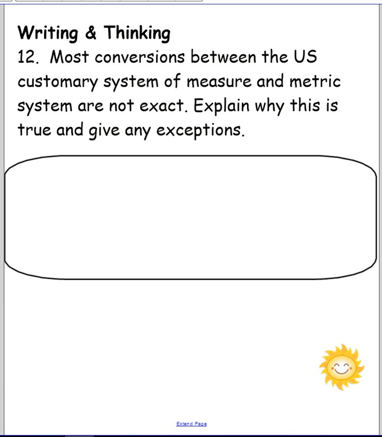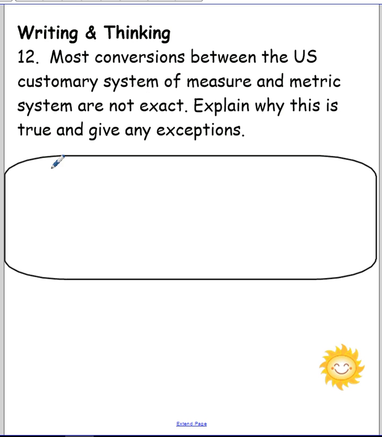Okay, so in your own words, most conversions between the US customary system of measure and the metric system are not exact. So explain why this is true and give any exceptions. You probably don't know the exception, but the exception is that inch to centimeter is exact.